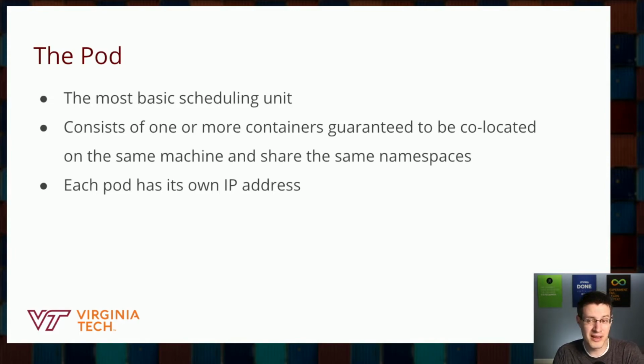And again, a pod can consist of one or more containers, but what's nice about this is that if a pod has more than one container in its definition, it's guaranteed that all those containers will be co-located, meaning that if a pod has 3 containers, they're guaranteed to all run on the same machine, on the same node. So you'll never have the case in which a pod may have 1 container on one node and then the other 2 containers on another node. They're guaranteed to be scheduled together. Okay, and there's various reasons for that. We won't get into all of it until we get into multi-container pods.